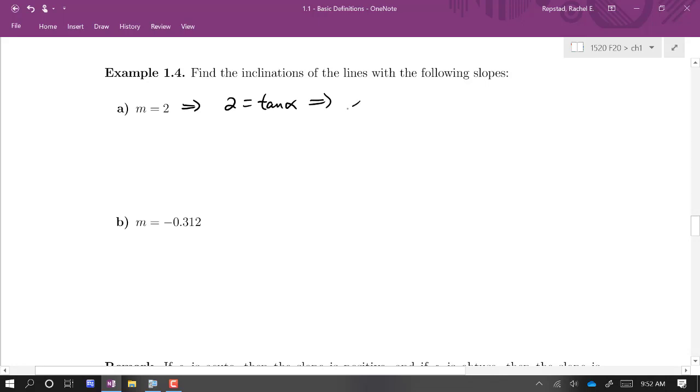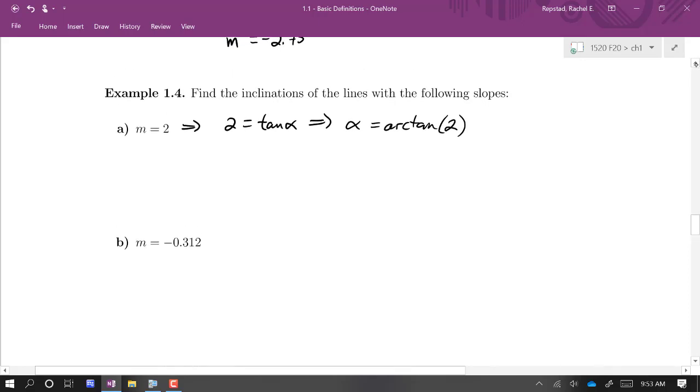So alpha is arctan of 2. Now, depending on your experience with pre-calculus and what notation you've already been using, you may be used to writing this as tan with a little -1 superscript, like inverse tan.